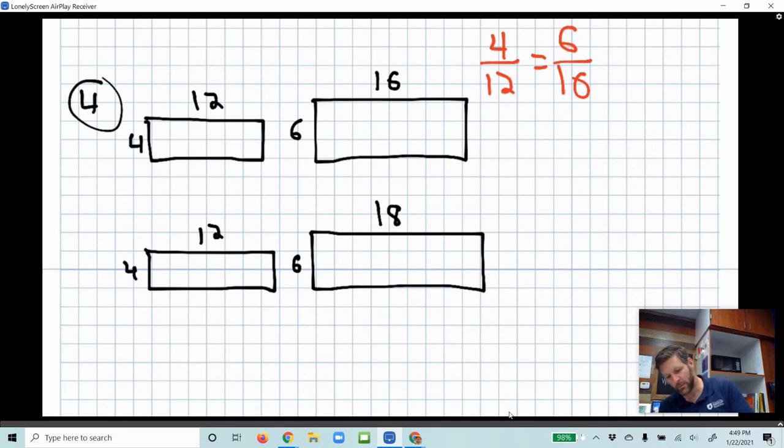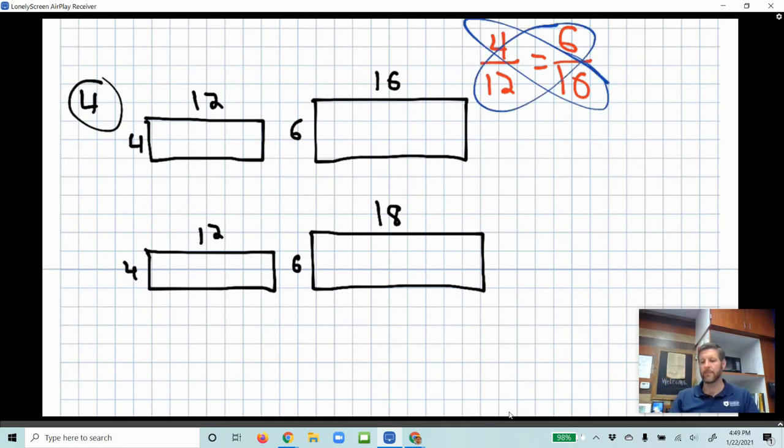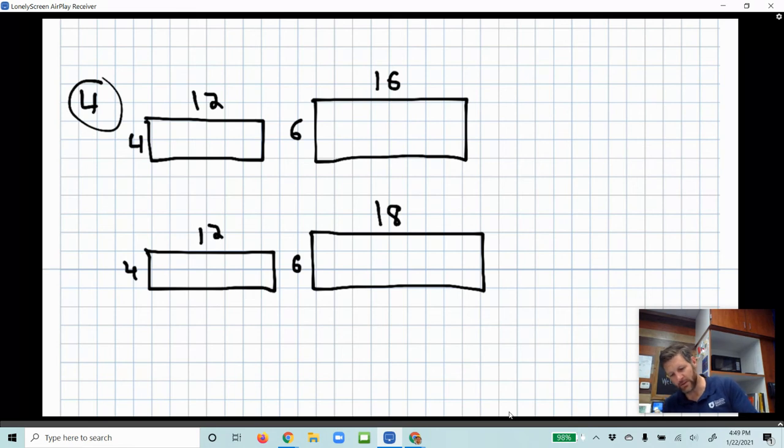And so the quick way to check that would be to cross multiply. Actually, let's see. Maybe that's not the best way. Well, actually, no, that works. 4 to 12. Sorry, forgot what I was doing here. 4 to 12, is that the same as 6 to 16?